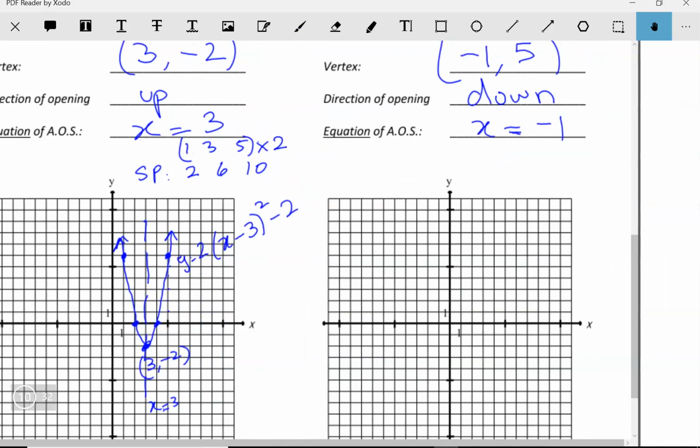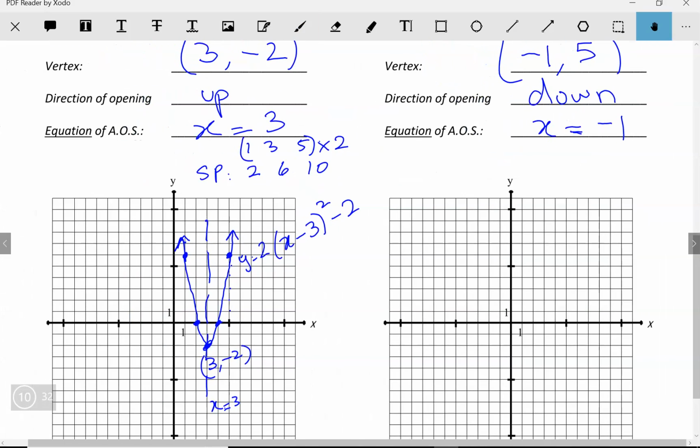And we will, of course, graph this properly. -1, 5 is over here. My step values are just 1, 3, 5, and of course, I have to multiply that by -1 because of my a value. So I'm actually going down 1, 3, and 5.